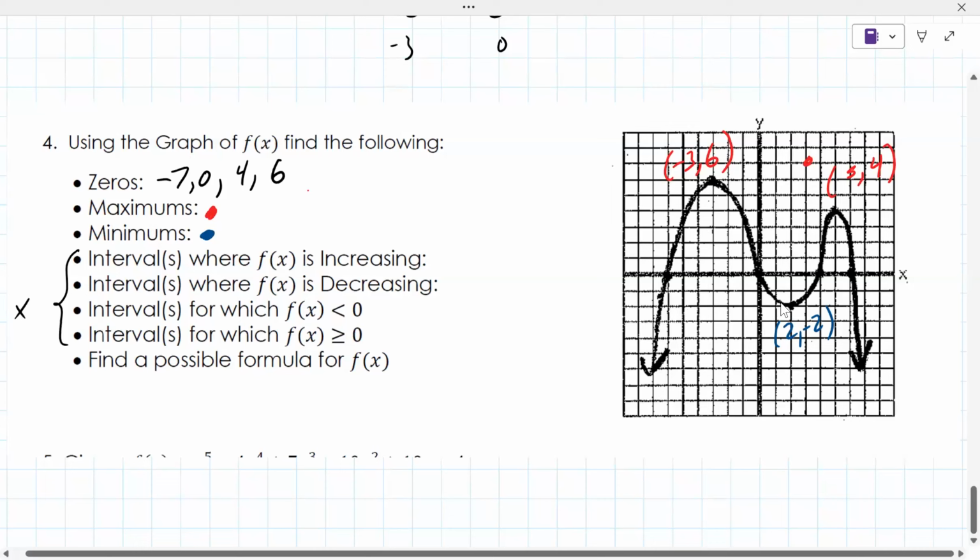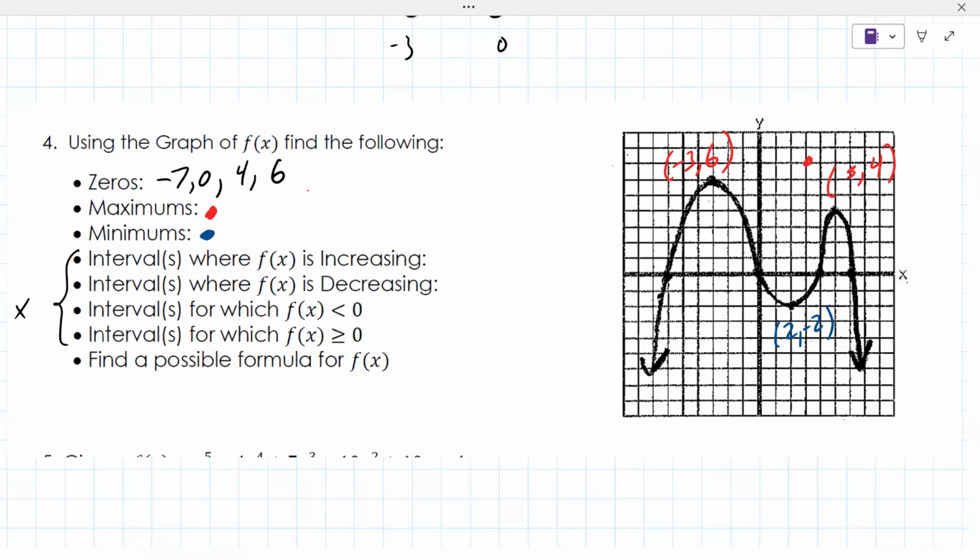And another interval where it's increasing is from 2 to 5. Another interval where it's decreasing is from 5 to infinity. If you're ever really stuck on that, you could make a number line with these maximums, which is actually what you do in calculus: increasing, decreasing, increasing, decreasing. And that'll give you your number line.